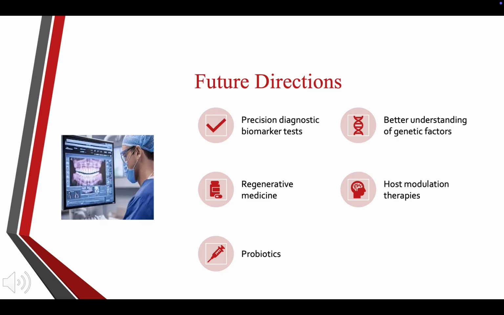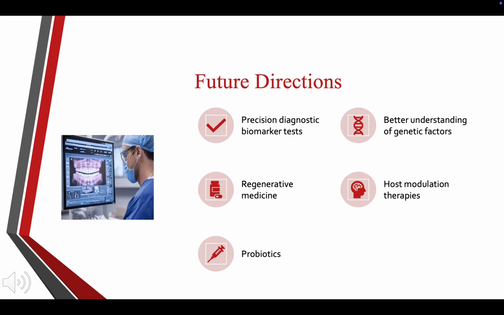For future direction in periodontal care, there are several exciting areas of research. First, we have precision diagnostic biomarker tests that are being developed to detect early gum disease more accurately. Second, scientists are working towards a better understanding of genetic factors. Third, regenerative medicine, which is a promising field focusing on using techniques like stem cells and growth factors to rebuild lost bone and gum tissue.